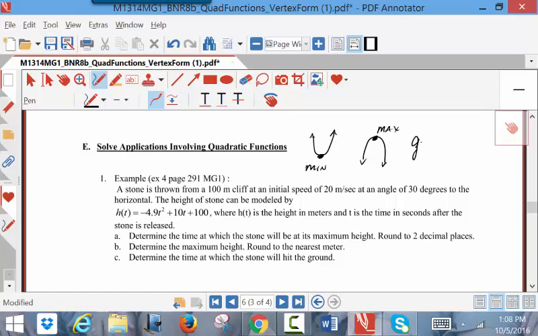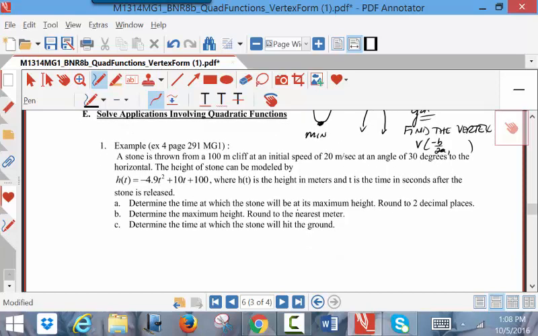The vertex is either going to be the maximum or the minimum, and you know how to find it. The x value of the vertex is the negative b over 2a stuff that we just discussed. But the numbers are not going to be pretty anymore because these are real applications. All right, so that's just trying to prep you for what you're getting ready to see.